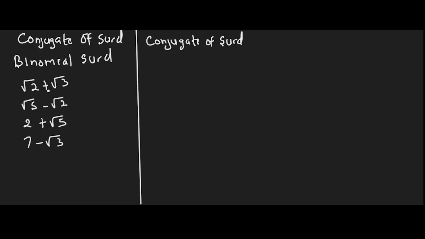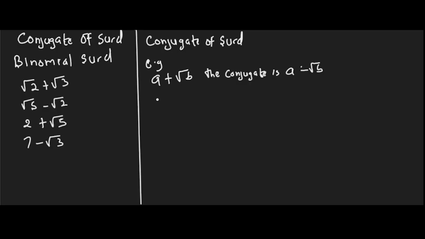Now, if we have root 2 plus root 3, the conjugate of this surd is going to be root 2 minus root 3. For instance, you have a binomial surd a plus root b. The conjugate is a minus root b.